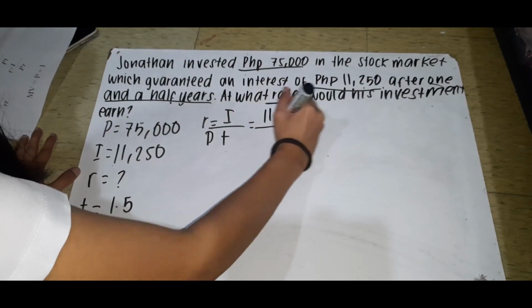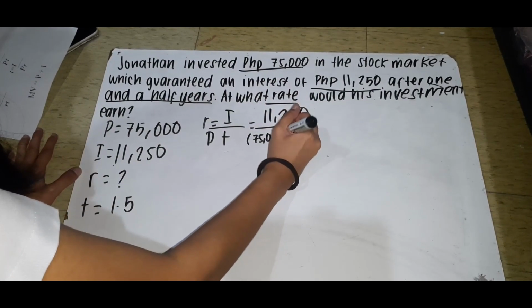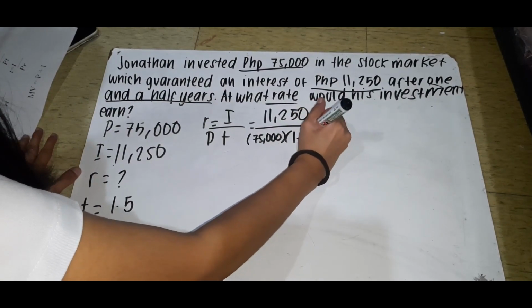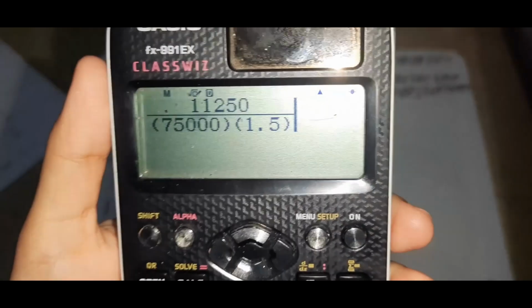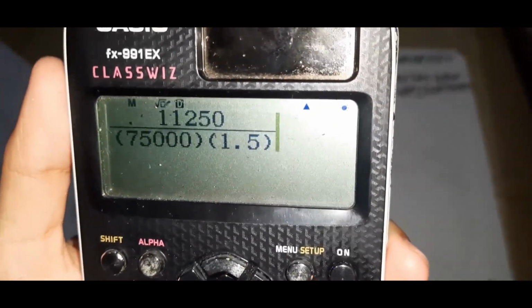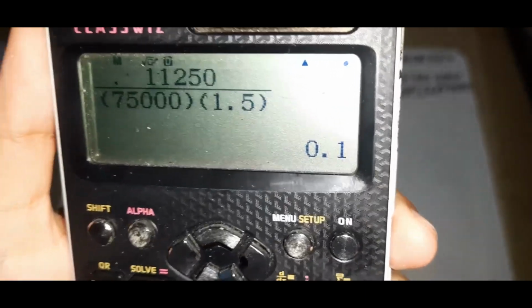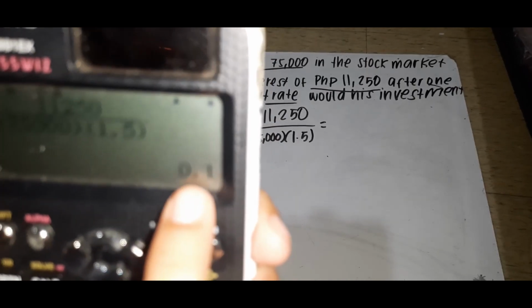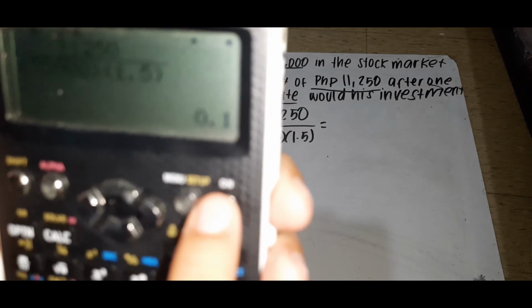Interest is 11,250. Principal is 75,000. And the time would be 1.5. Now it's already in my calculator, and the answer would be 0.1. Now in order to make the 0.1 from decimal form into percentage form, we have to multiply it by 100.